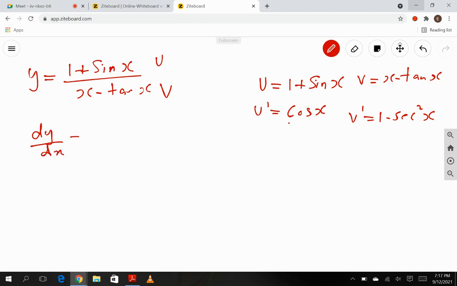So what you do is v u prime minus u v prime. Remember, prime is what we have differentiated, then over v squared. So where is our v?